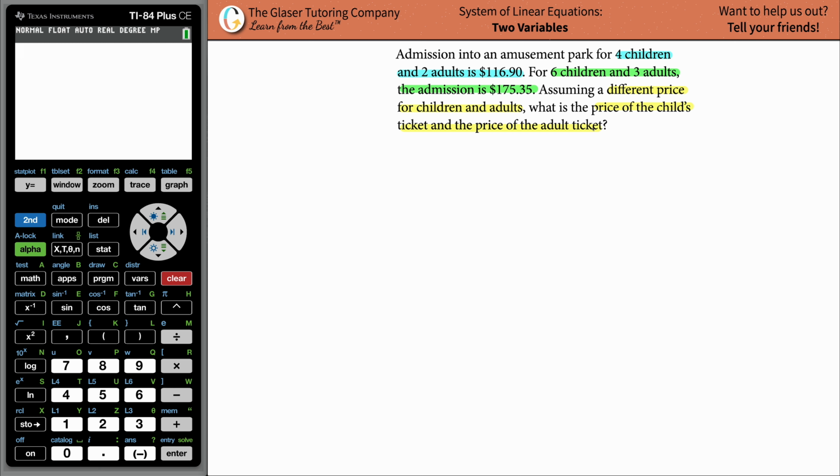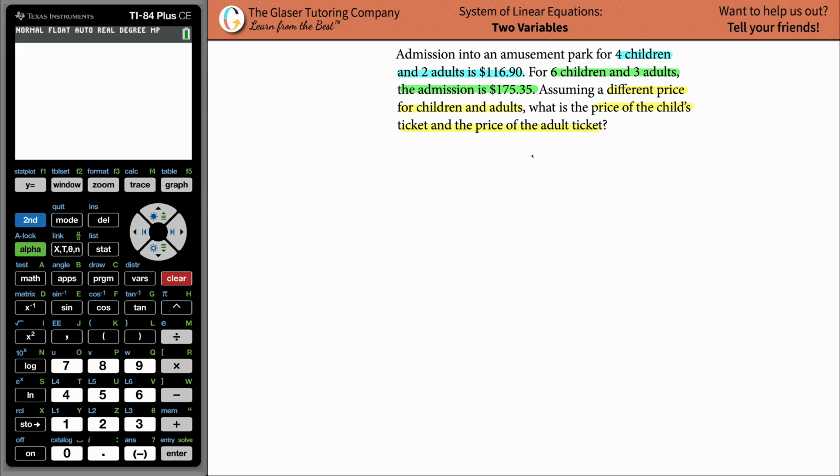Okay, so the big piece of advice that I could give you is always write down your variables first. Go to that question. They're asking for the price of the child's ticket and the price of the adult ticket. We don't know, right? All we know is that they are a different price.